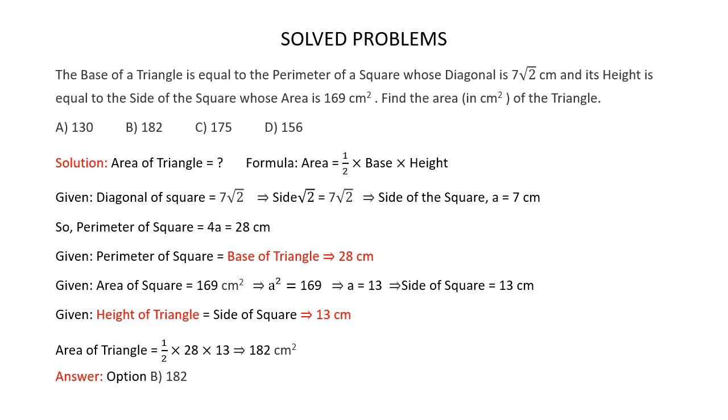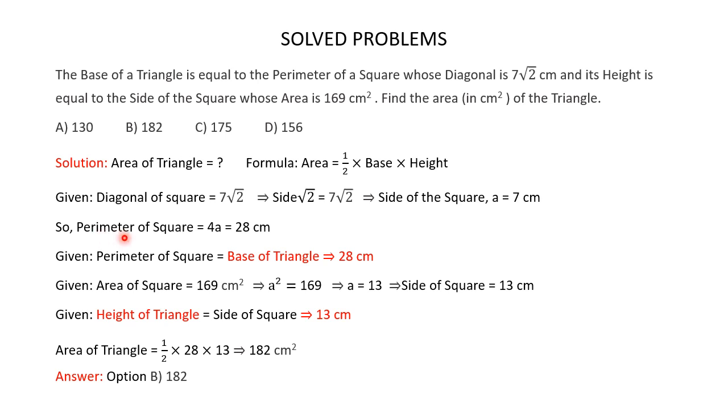Now we know that diagonal of a square is nothing but side root 2. So side root 2 is equal to 7 root 2, which means side of the square is equal to 7 centimeters. Let's assume that side of the square is A. So A is equal to 7 centimeters.